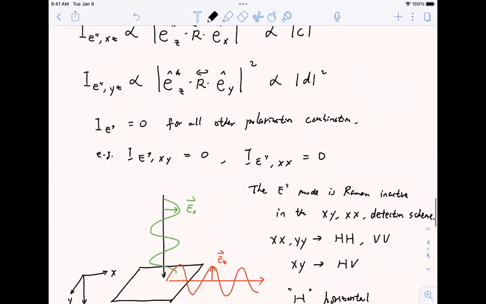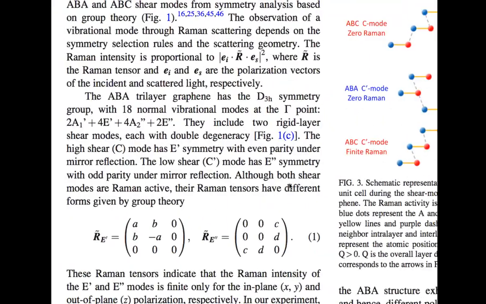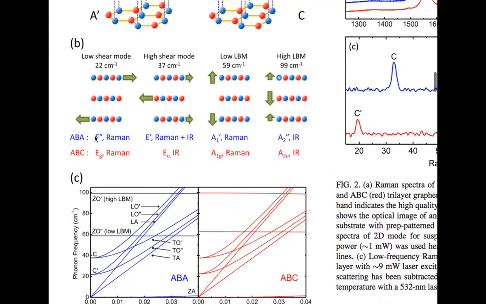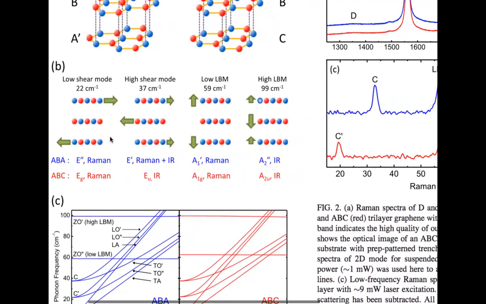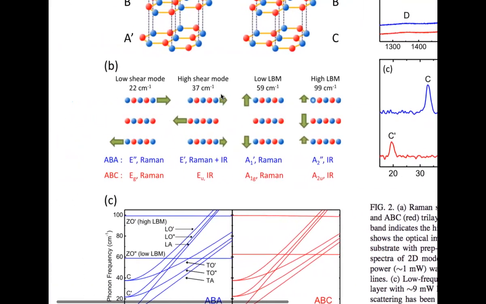So you know that for this E double prime mode, it is not going to be observable in our geometry. And you can see that this is the case. For the shear mode E double prime, you can see that it's not there. Okay, it's absent. It's just the reflection geometry that you use in our lab: one objective, you excite and detect with the same objective.